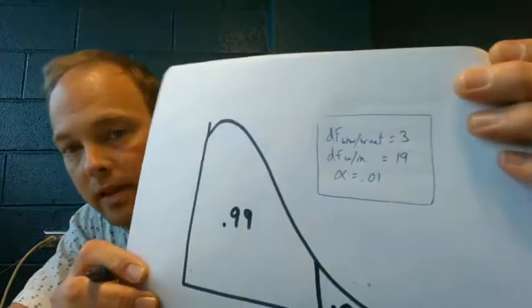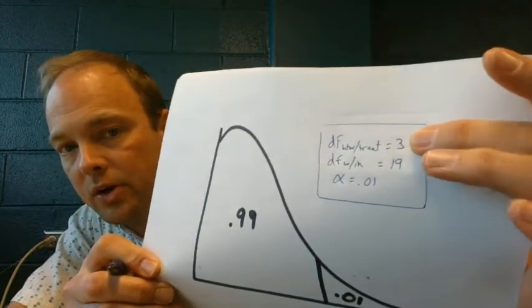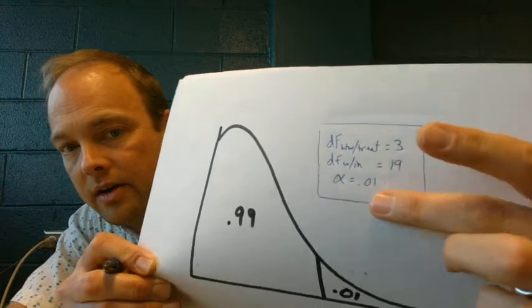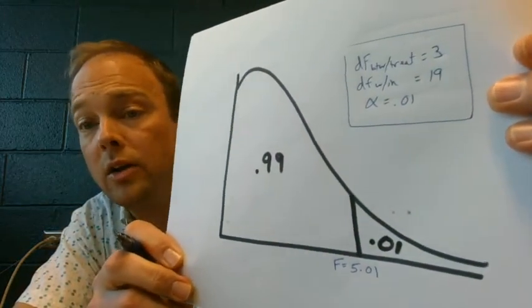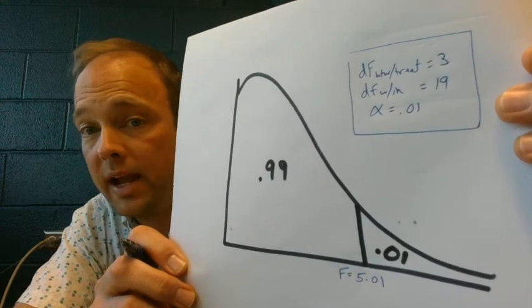Degrees of freedom between equals 3. Degrees of freedom within equals 19. Alpha level equals 0.01. I'll put a box around that, like that. Degrees of freedom numerator, degrees of freedom denominator, size of the critical region or alpha level. And last but not least, here is where our critical or tabled F value would go. Okay, so that's number 2.